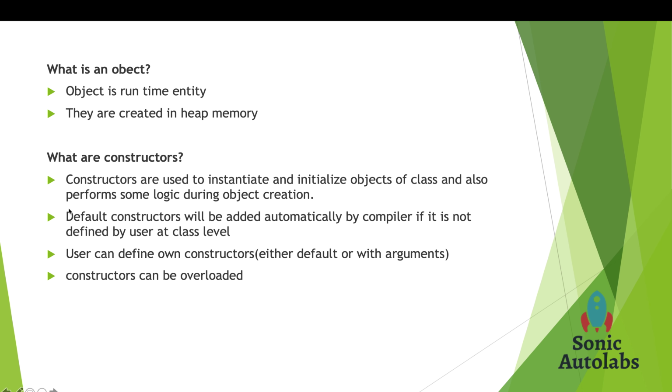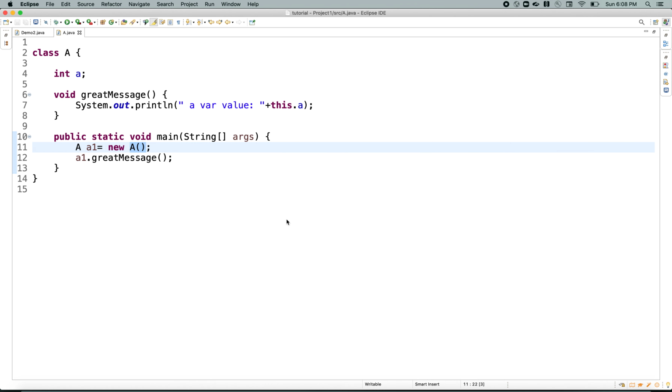Okay. So that is what the second point is. So the default constructor will be added automatically by the compiler if it is not defined by the user at the class level. Okay. So in this example, we don't have the default constructor defined at the class level, so it's the compiler's responsibility to create it, and that's why the object is created, and the integer value of this object will be initialized to 0.